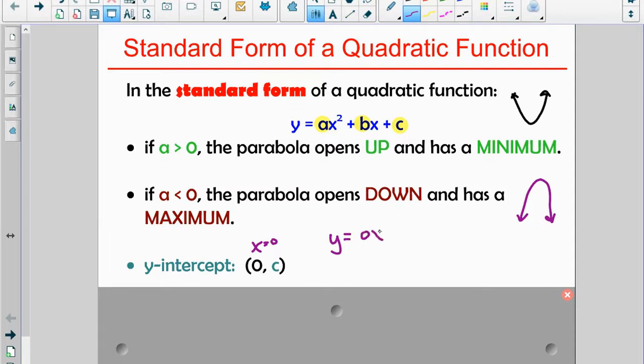Well, it's going to become 0 squared plus 0 plus c. Well, 0 squared plus 0 plus c is literally just c. So if x has to be 0, then c, that number at the end, that constant term, is going to be your y-intercept. That's the value of the y-intercept. As an ordered pair, we write it as 0, comma, and then that number.